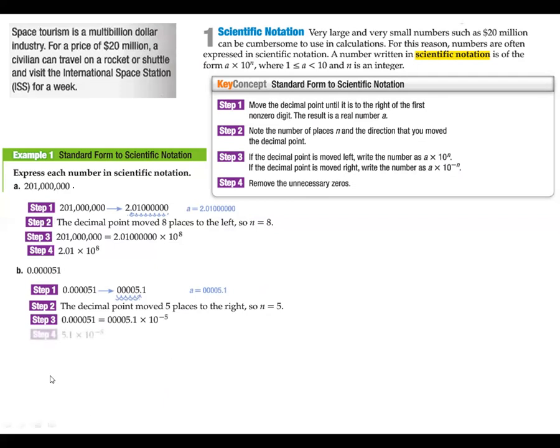Okay, remove my unnecessary zeros, and I get 5.1 times 10 to the negative 5th. So remember, however many places you move it to the left is the positive exponent. If you move it to the right, it's a negative exponent on 10.